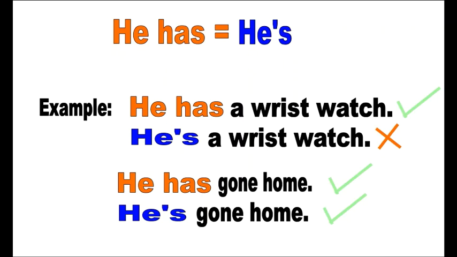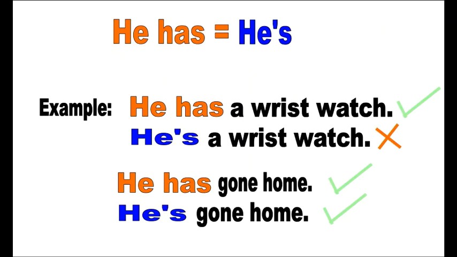So the contraction of he has, which is he's, can't be used in such a sentence. When you want to use the contraction of he has, which is he's, it goes along with a past participle of a verb. Look at the example below. He has gone home. The past participle is gone.